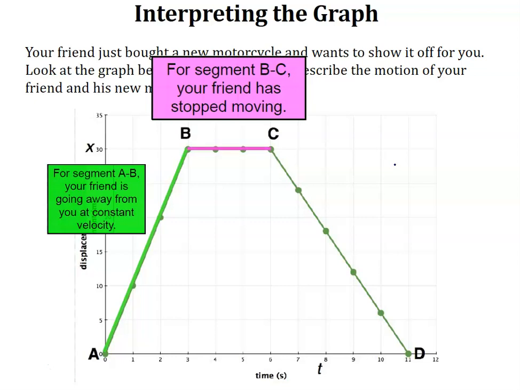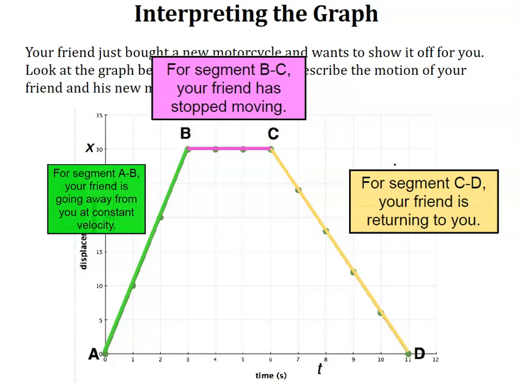From B to C, your friend has stopped moving. And then from C to D, your friend is returning to you. Your friend's displacement, in this case, would be 0. He ended up at the exact same distance from you that he started.